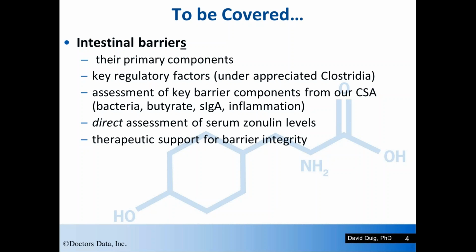Then I will discuss direct assessment using a separate test, that is the serum zonulin levels, to assess the intestinal permeability of the epithelial cell layer. And then, of course, what most of you are primarily interested in is therapeutic support to maintain barrier integrity.